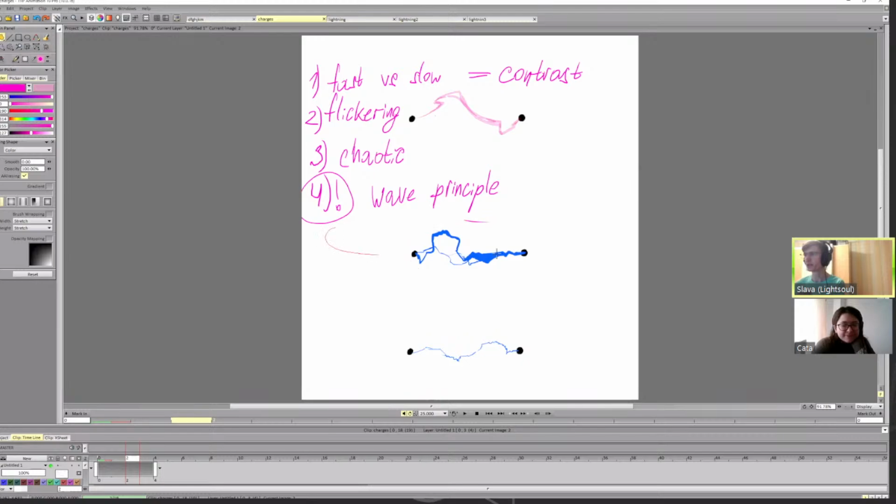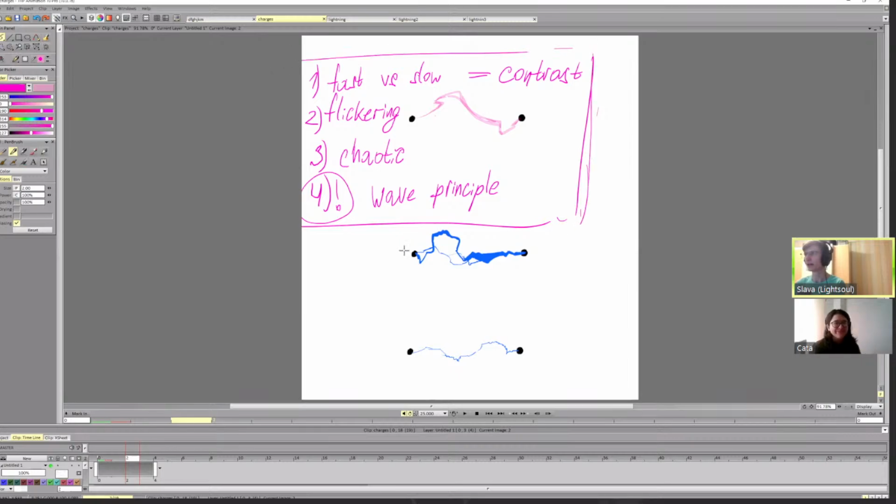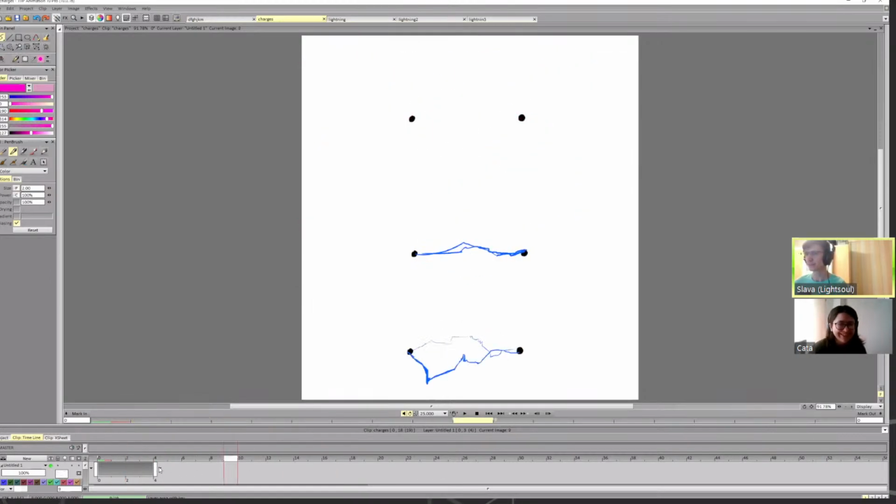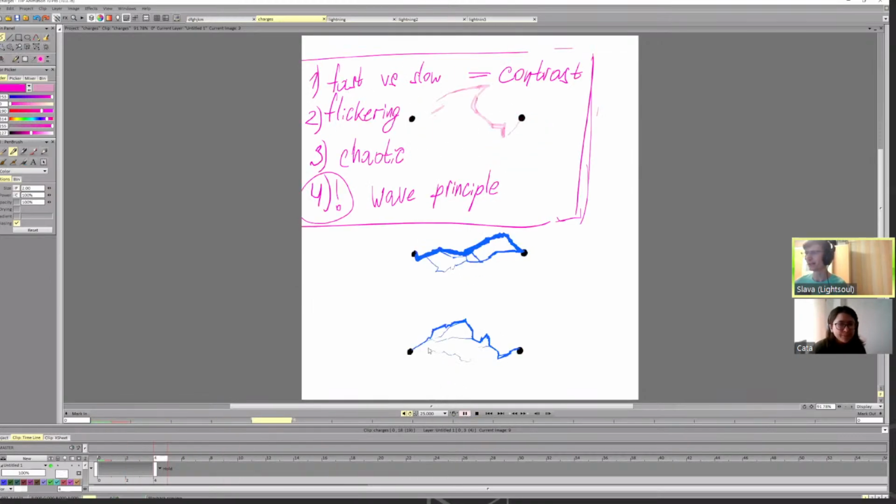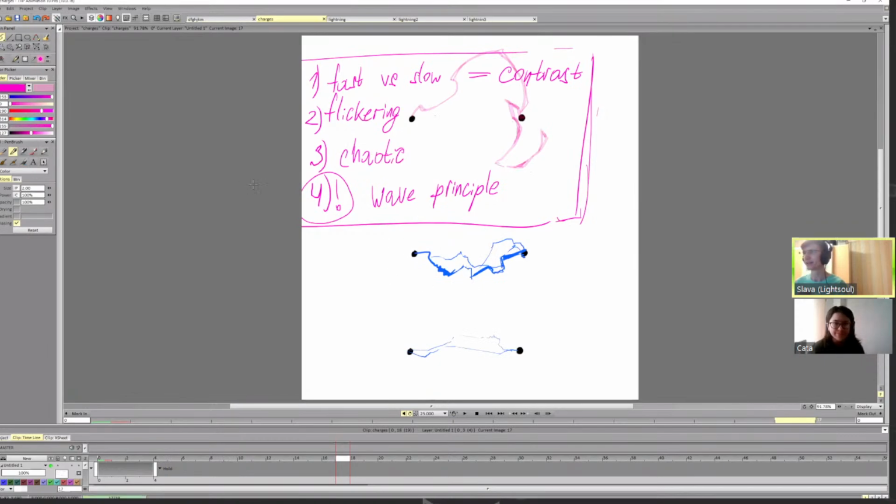So keeping all this in mind, we'll start doing a simple animation, and we'll start with doing the wave principle and then making it from a simple wave to an electric wave. So if everything is all right, I'll keep this, and let's do a simple wave animation here.